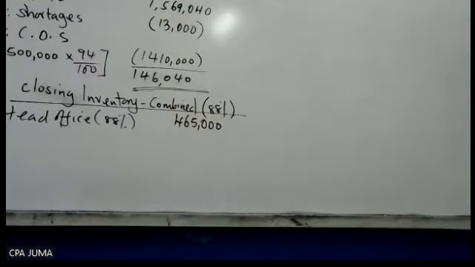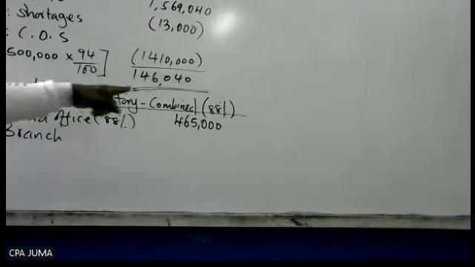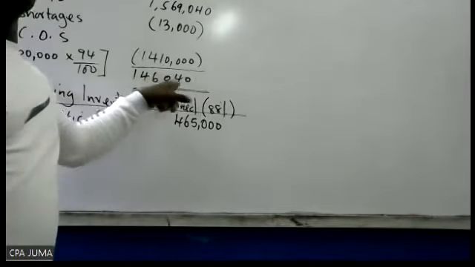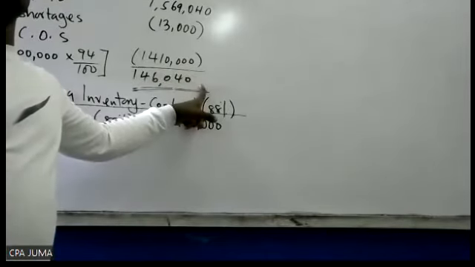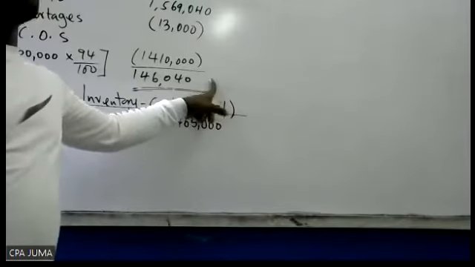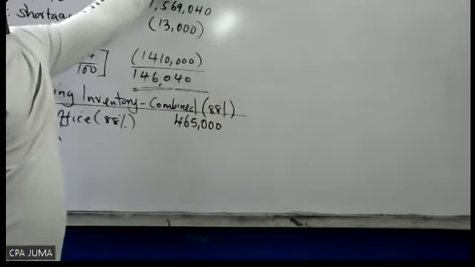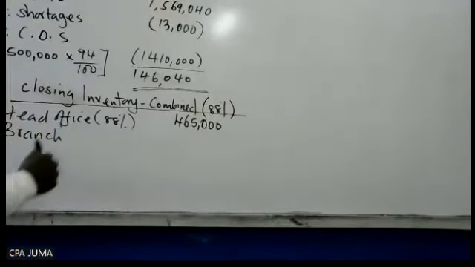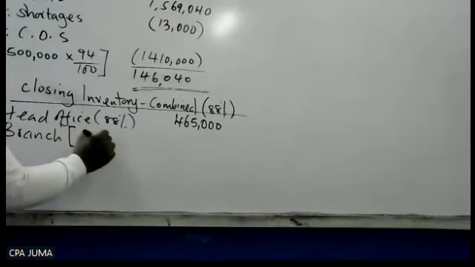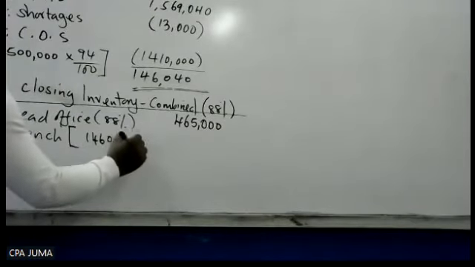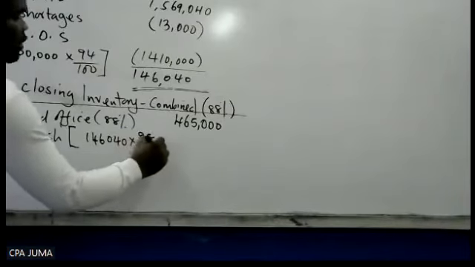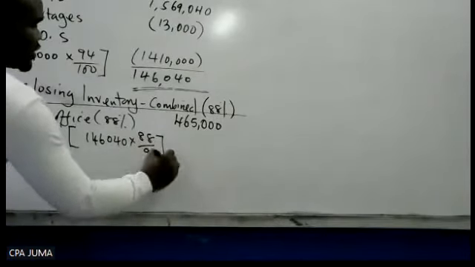Then you add branch. For the branch, we have this closing stock of 146,040. But that one is at what percentage? 94. So the closing stock in the branch is 146,040, but it's at 94. I need it at what percentage? 88.